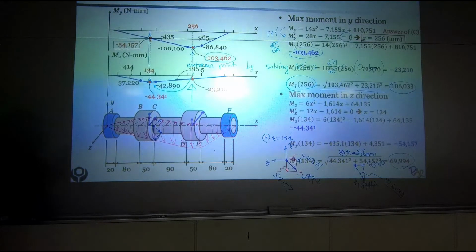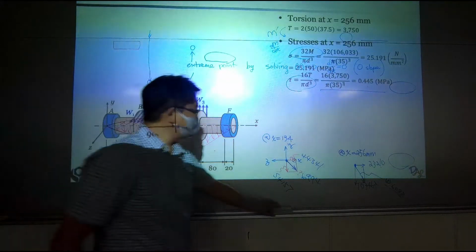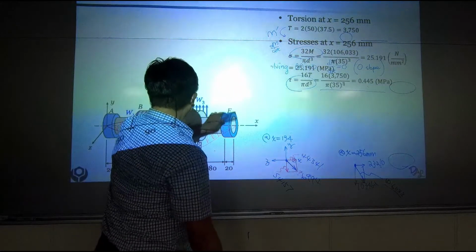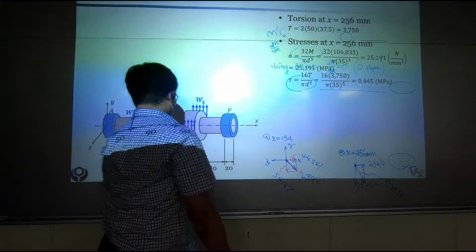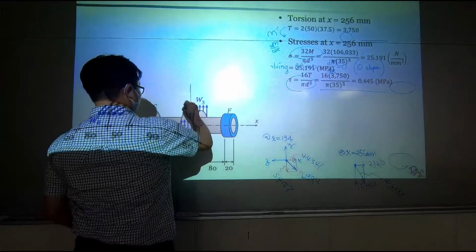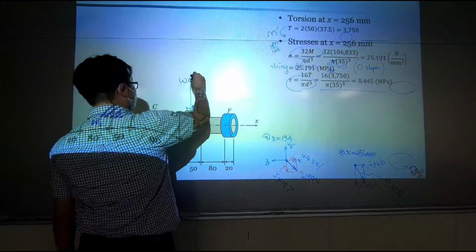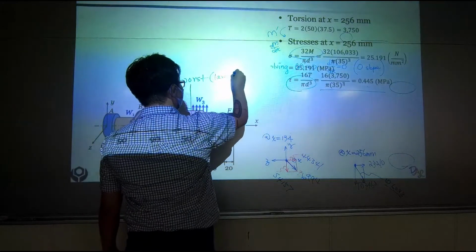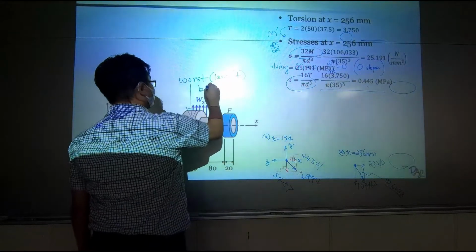Okay, so next, let me erase what we had earlier. We now know where is the worst one. It's somewhere here. Somewhere here. This is the worst loading, the largest bending moment.